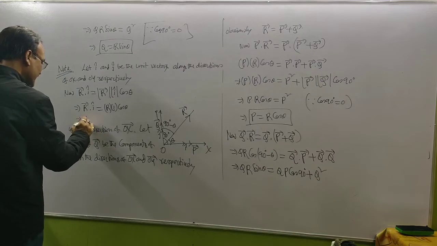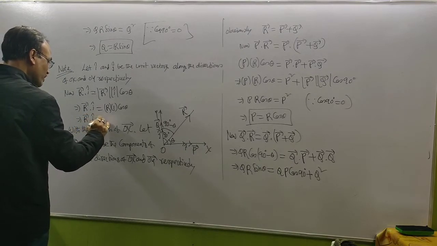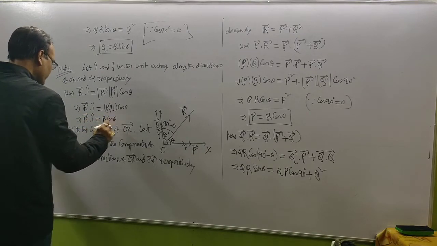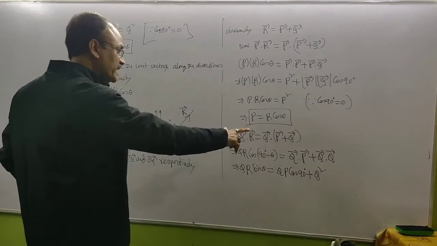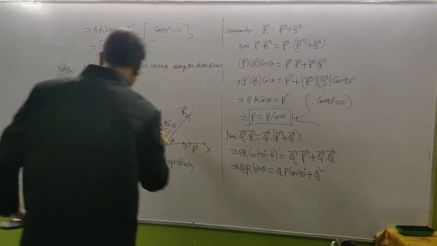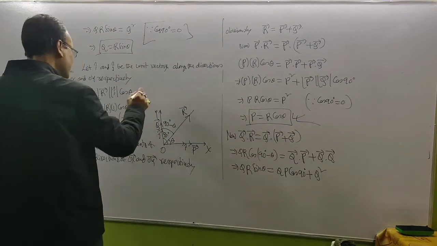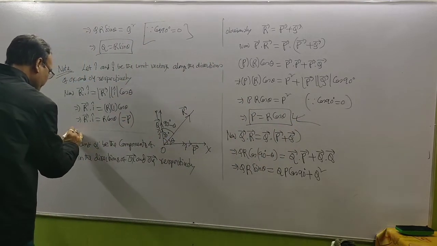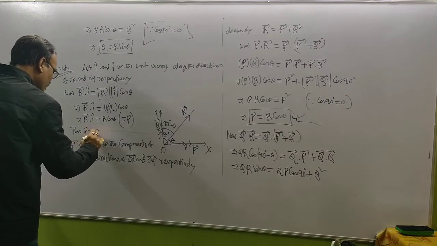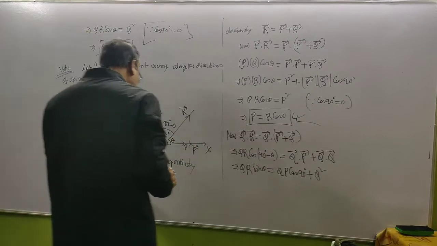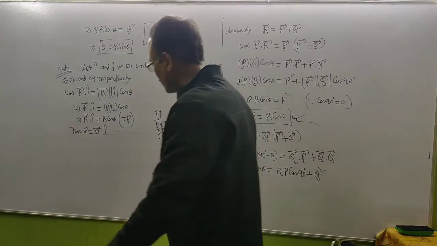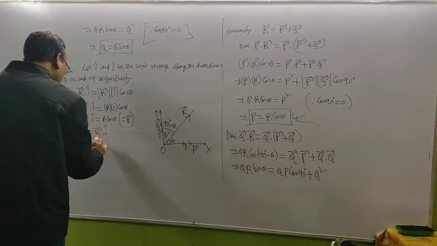This means R vector dot i cap equal to R cos theta. What is R cos theta? R cos theta is equal to P. Thus, P equal to R vector dot i cap.